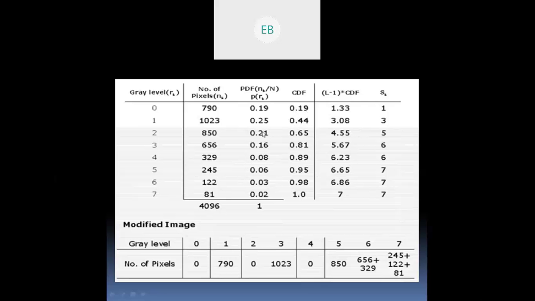Again for gray level 2, 0.21 plus 0.44 gives 0.65. Similarly for gray level 3, 0.16 plus 0.65. So in total you get it in this way.